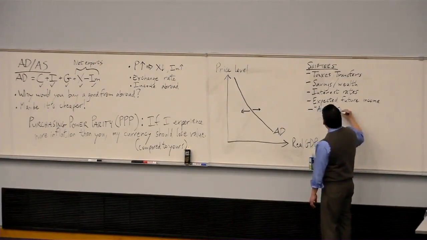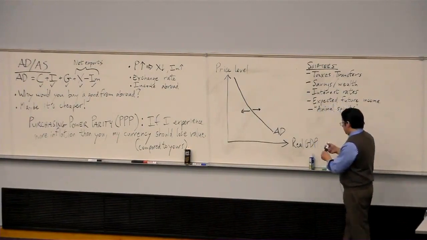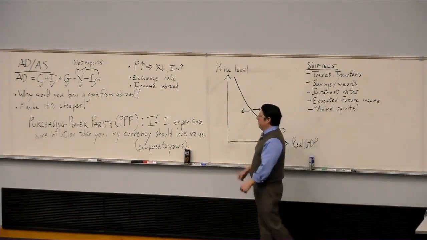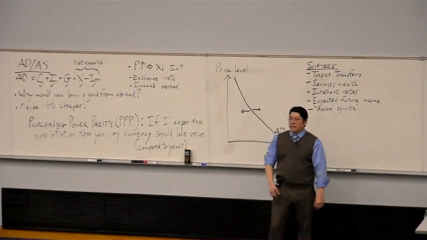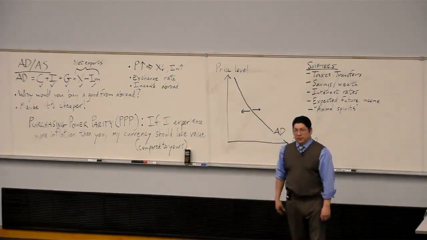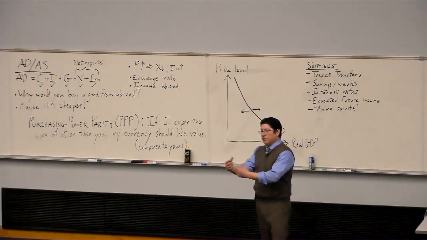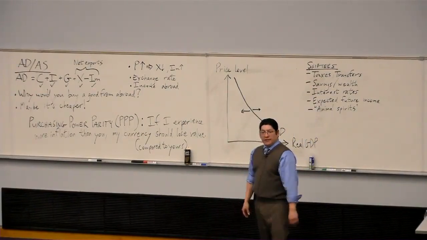You may remember that animal spirits is a name for the idea that since your expected future income determines your behavior now, if you expect the future to be dim, then you won't invest or consume as much because you have to save for the bad times ahead.